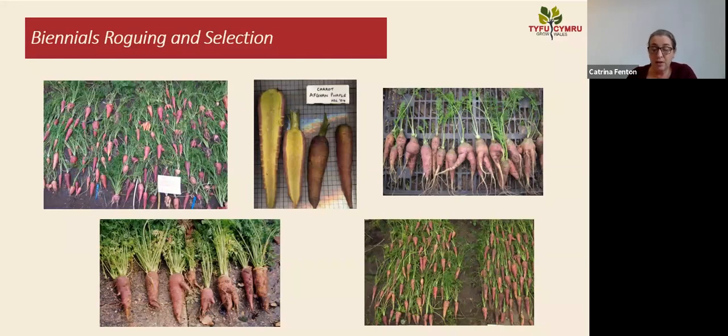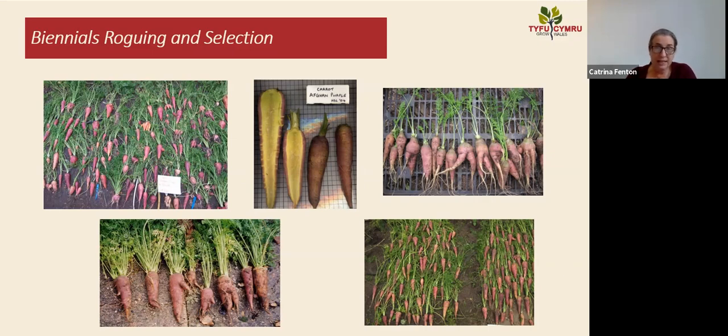So it is a process that we do at a particular point in time in the growing cycle for the carrot. We will dig up all of the carrots that we have sown, and we will then select down to identify those roots that best represent that particular variety that we will then overwinter and plant out in the second year to produce flowers and produce the seed.